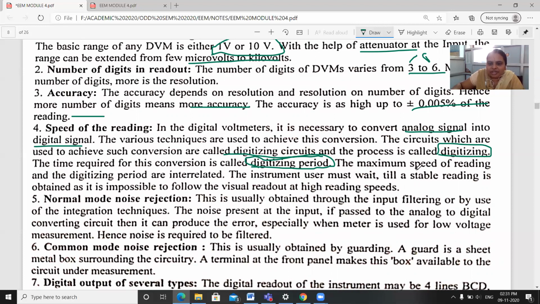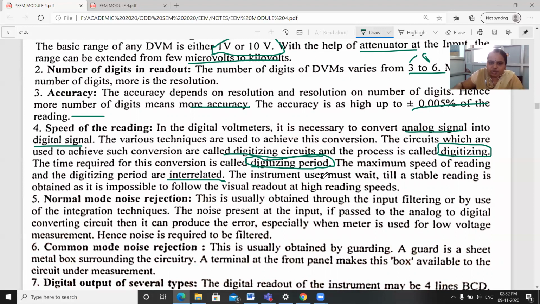Then the maximum speed of reading and the digitizing period are interrelated. How much maximum reading speed is possible, and the time the digitizing period takes, are interdependent.